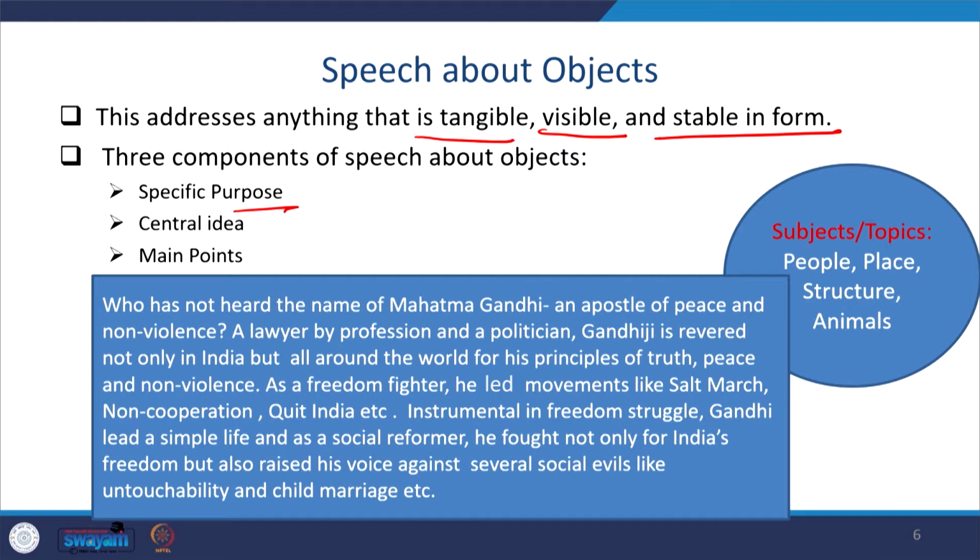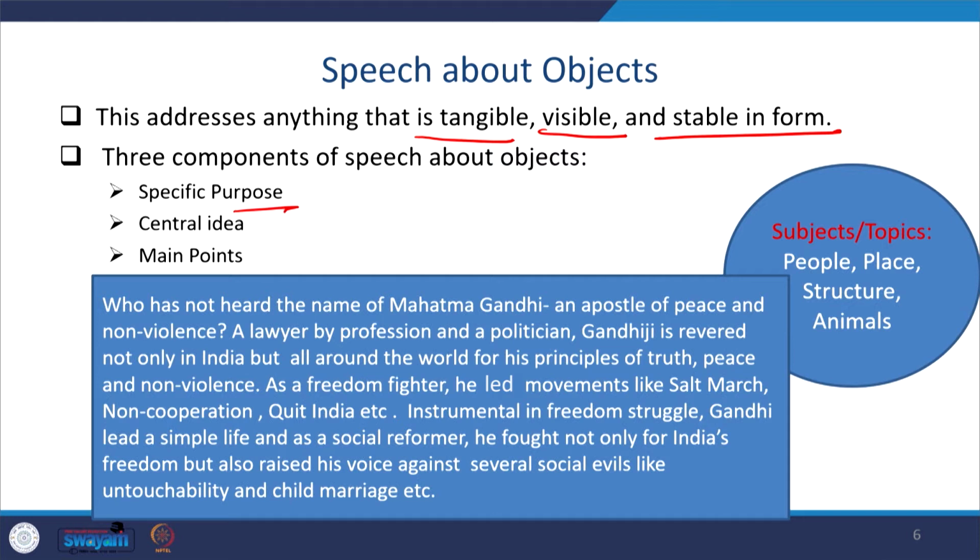As a freedom fighter, he led movements like Salt March, Non-Cooperation, Quit India, etc. Instrumental in the freedom struggle, Gandhi led a simple life, and as a social reformer, he fought not only for India's freedom but also raised his voice against several social evils like untouchability and child marriage.